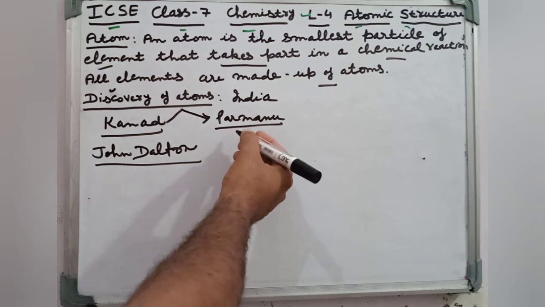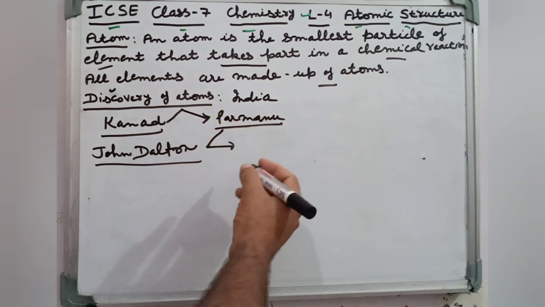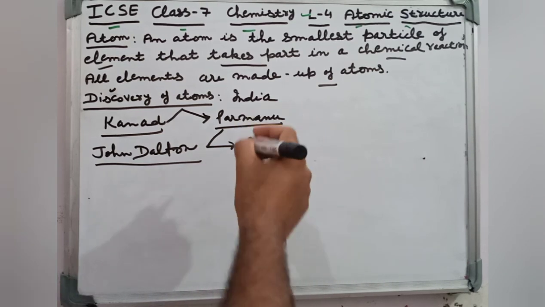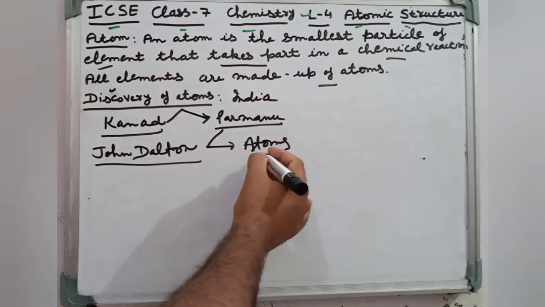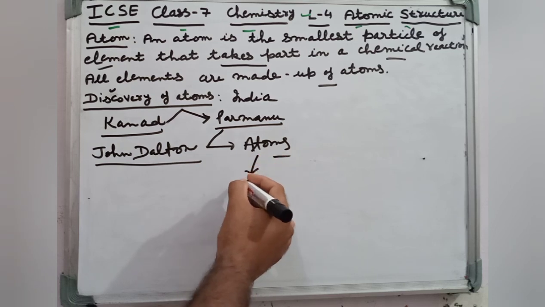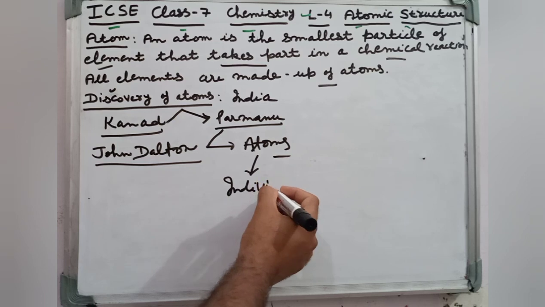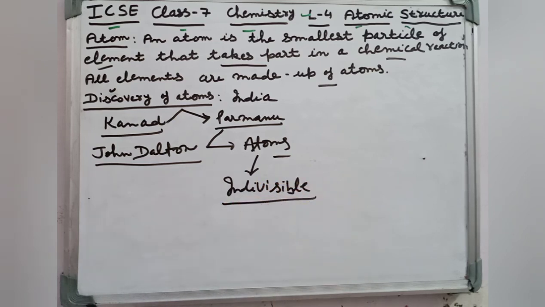He, instead of saying them Parmanu, gave these Parmanu his own name called atoms. Right? Actually, the meaning of this word atom is indivisible. That cannot be further divided, so they are indivisible and they are called atoms.